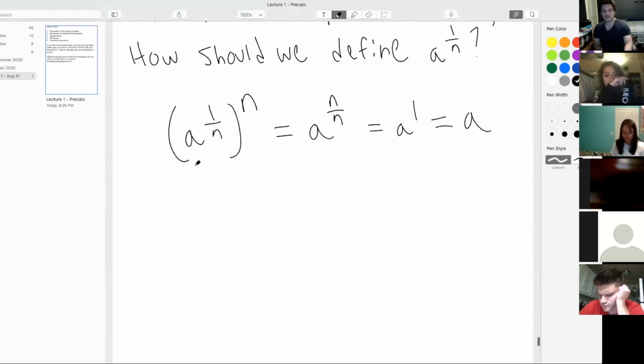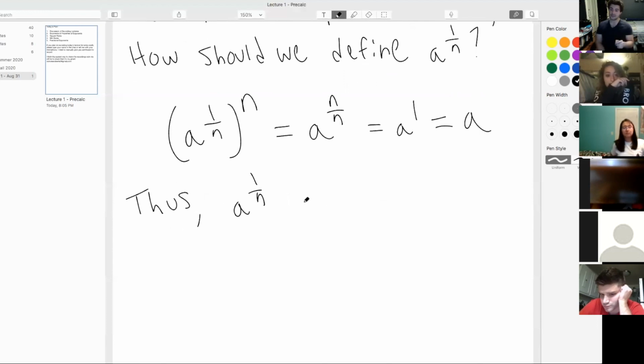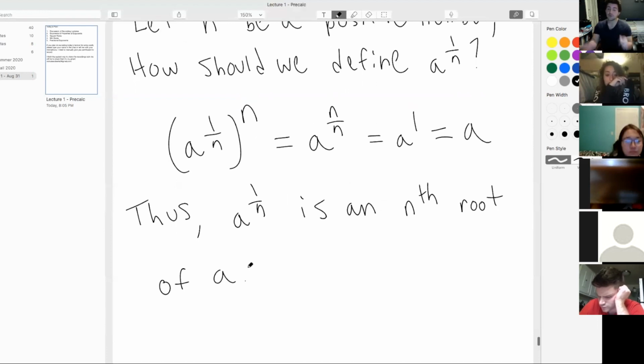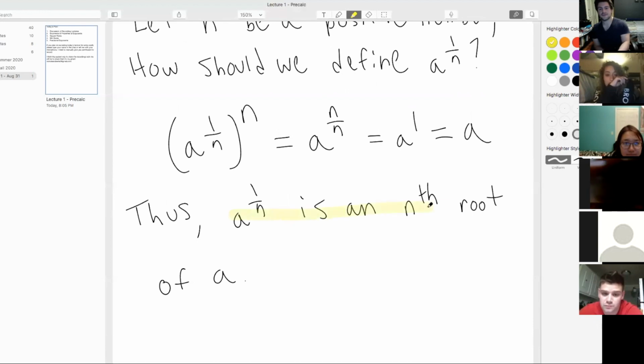So thus a to the 1 over n is an nth root of a, by definition, because I raised it to the nth power and I got back a. All right, so that's pretty cool.